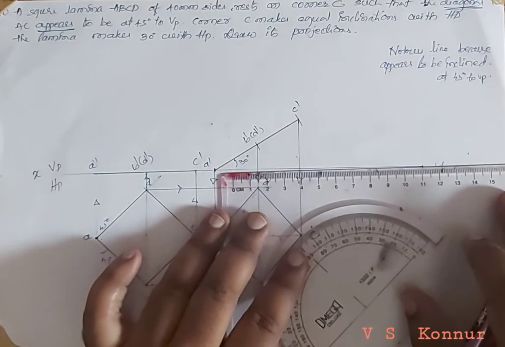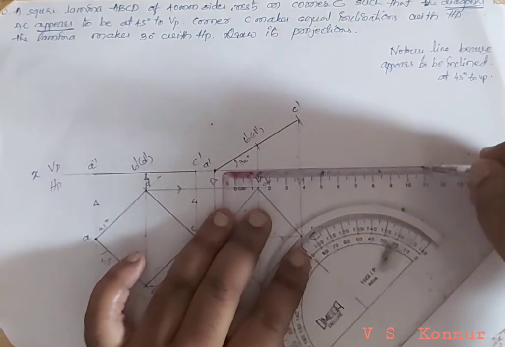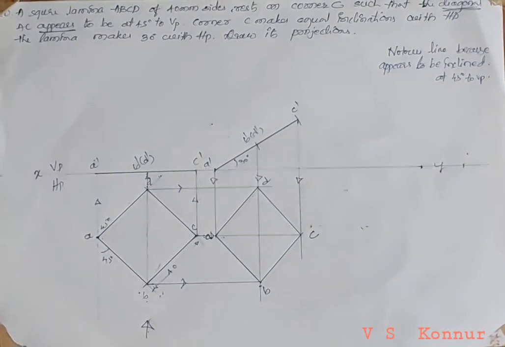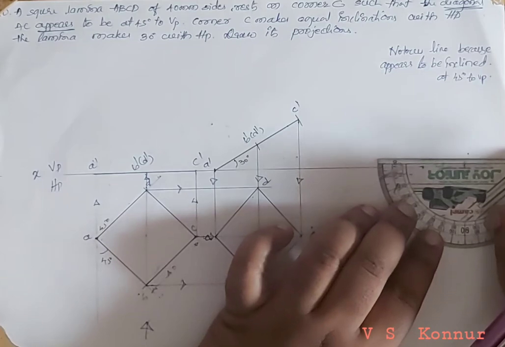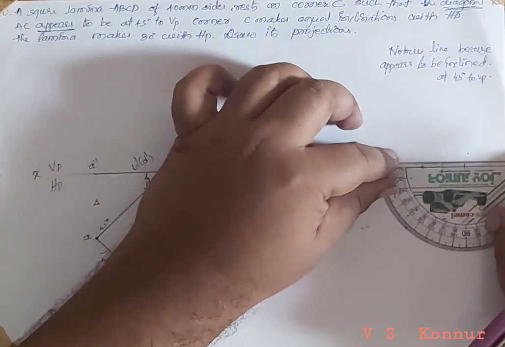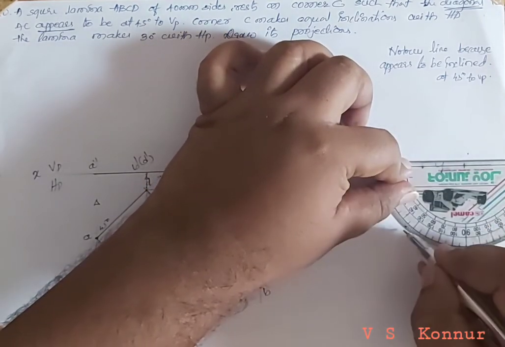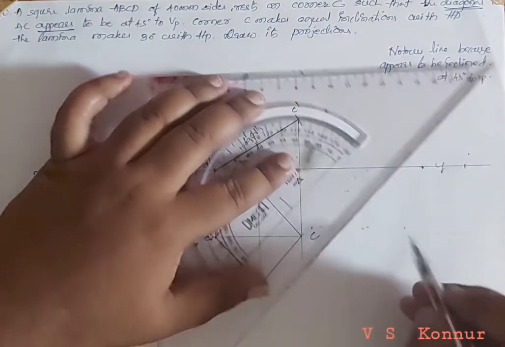Otherwise you can extend this XY line because it will be overlapping, so we'll extend. So you can take the 45 degree line from this point. And then extend the line.